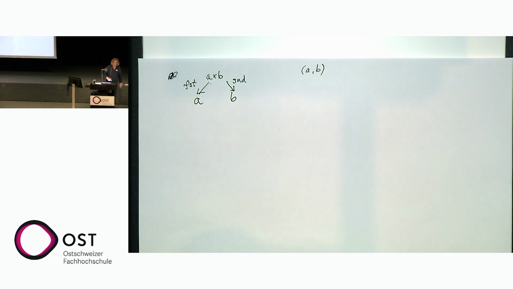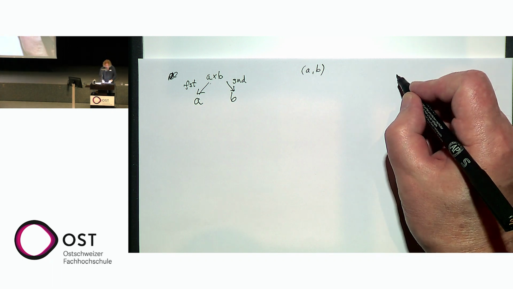As I said, there can be many possible candidates for a product, but there is only one, modulo isomorphism, that is universal, meaning it can be defined using all possible types in our universe.